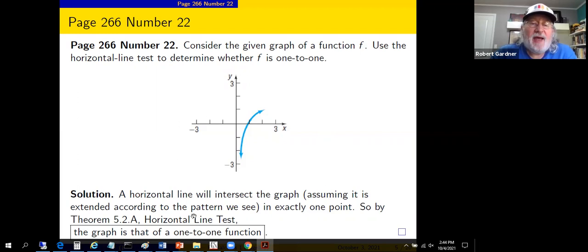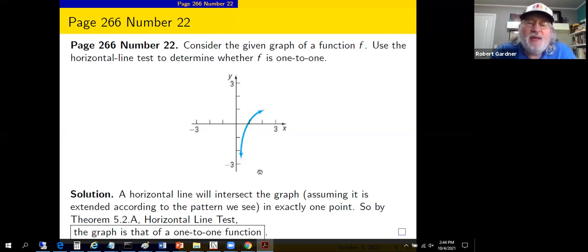Assuming the pattern that appears to be established in this little piece of the function actually continues, it looks like we've got a function that's going to continue to grow in this direction at some particular rate. And it looks like it probably has a vertical asymptote here at 0. That's the intention. I would agree with you if you say that's a lot of information to extract from this little blue arc that they've drawn here.